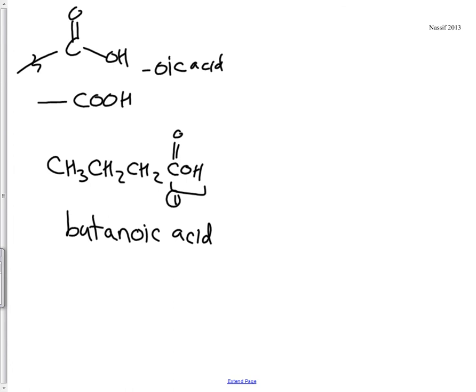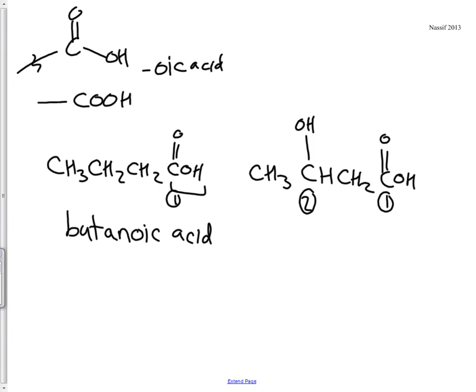Now, carboxylic acids are the highest functional groups. So, another question would be, instead of this molecule that we just named, what if we had CH3, CHOH, CH2, COOH. The carboxylic acid would still have the number 1 priority, but we have this alcohol group on carbon number 2.